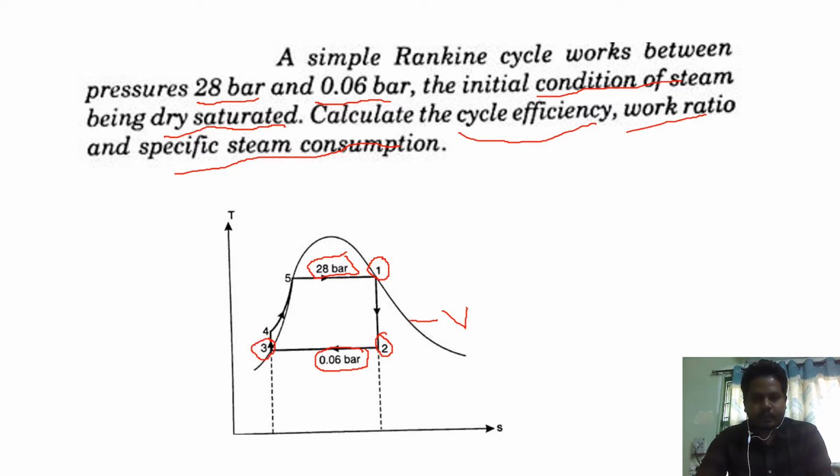In 2 to 3, heat rejection takes place at constant pressure, which means P2 equals P3. 3 to 4 is the isentropic compression process in the pump, and process 4 to 1 is heat addition in the boiler at constant pressure, which means P4 equals P1.